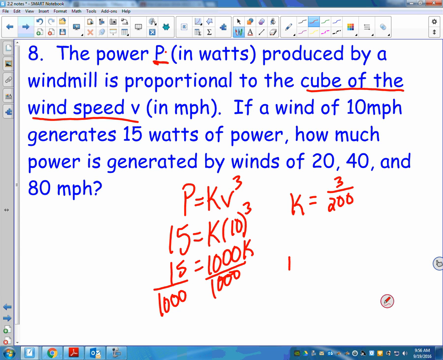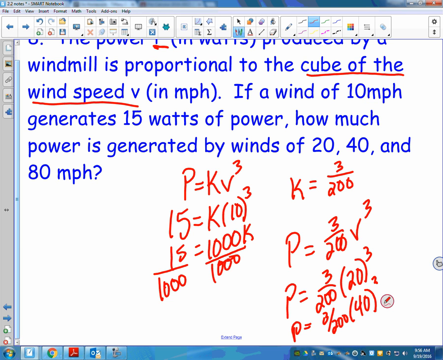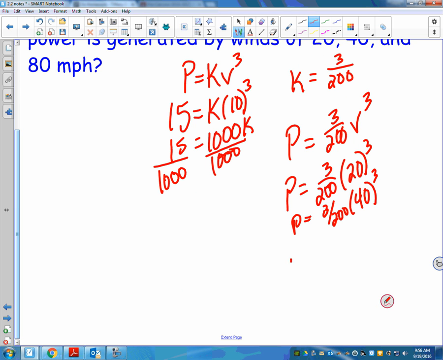So now I can say my model is 3 over 200 times v cubed. Now I just want to plug in 20, 40, and 80 and see how much power I'm getting. So I can say 3 over 200 times 20 cubed, 3 over 200 times 40 cubed, and 3 over 200 times 80 cubed.